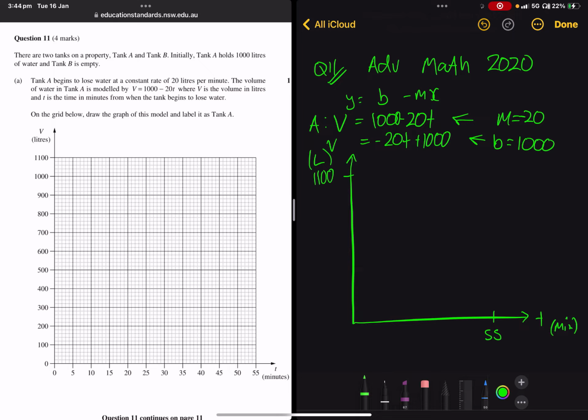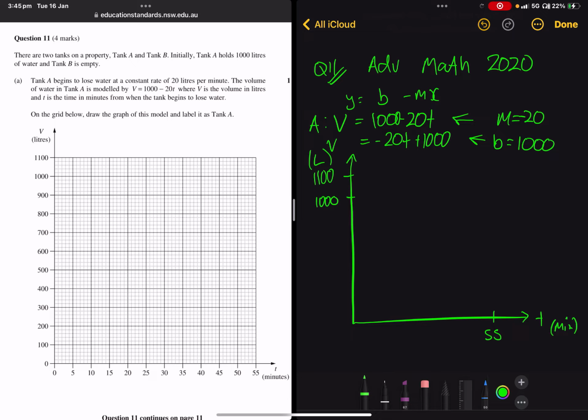So this is a decreasing line. It's a straight line that goes down. It starts at 1,000, so this is 1,000. It'll then go down. Now, because the slope is minus 20, that means for every unit of time across, you're going to be going down by 20 units.